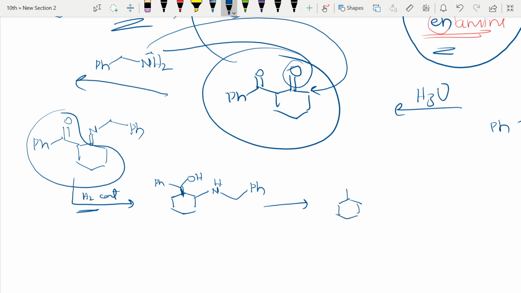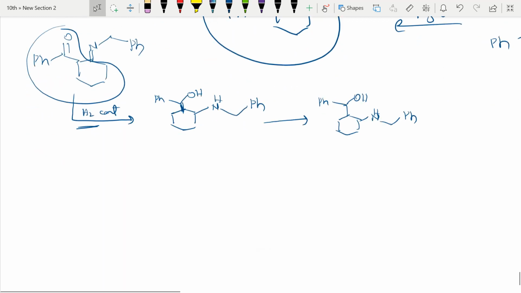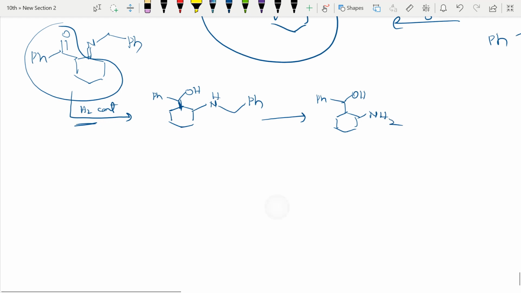So here I'll get Ph and here OH and here NH and here CH2Ph. Same thing I wrote, sorry. Let me remove these things and just add NH2, it is NH2, right? One H is above, let me draw it, NH2. I hope you got it.